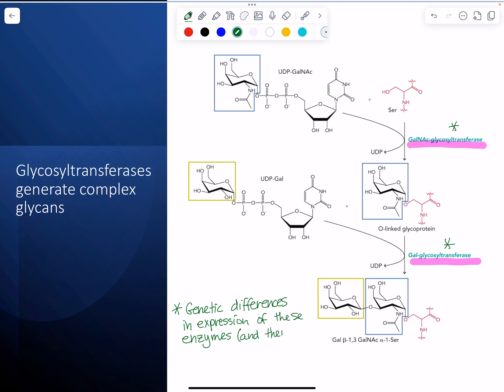So you can have a mutation that affects the activity of the enzyme, how good it is at catalysis, right? And these genetic differences are the sources of immunological compatibility or incompatibility.